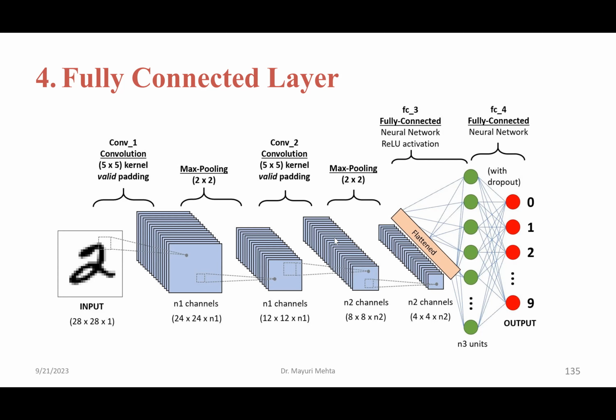Till this point, we have converted our input image into a suitable form for the multi-layer perceptron. And after that, we shall flatten the image into a column vector. Please remember this. Please understand this. Now what are we doing?